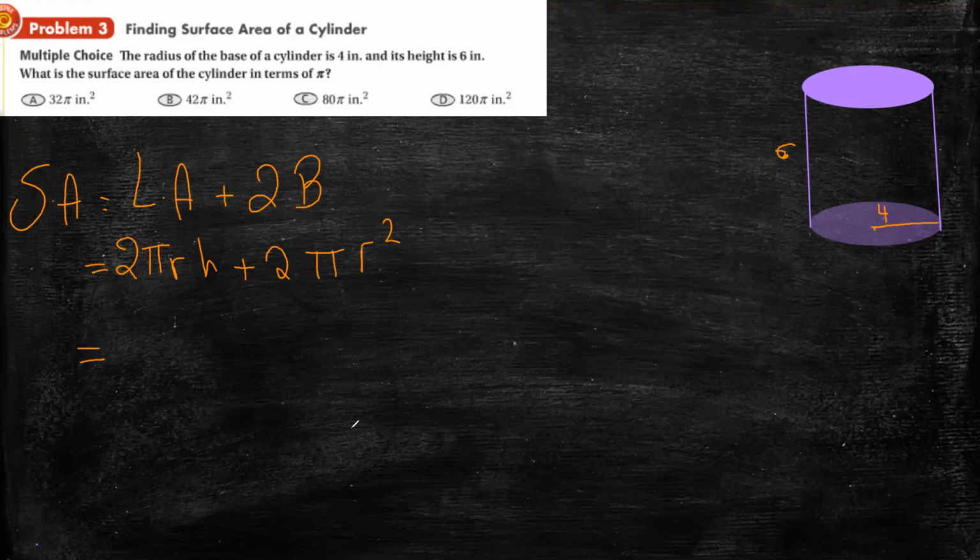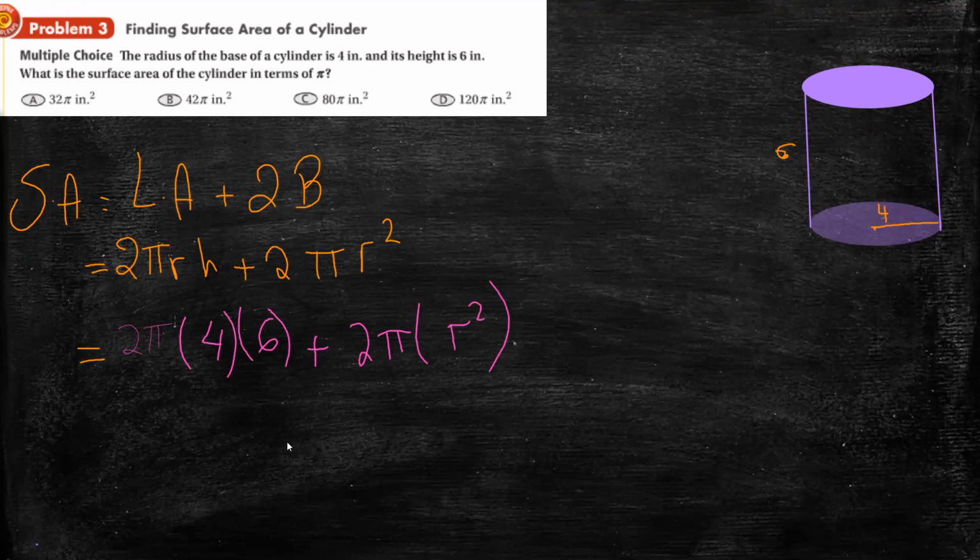I have r and I have h, I only have to substitute. So it is 2π times, what is the radius here? It is 4 times, what is the height? It is 6, plus 2π times the radius, 4 squared.